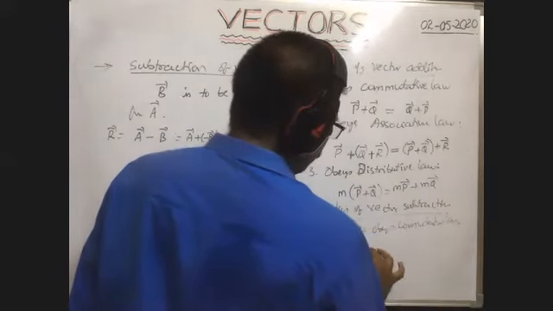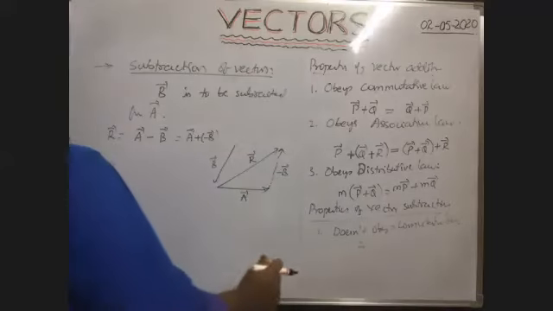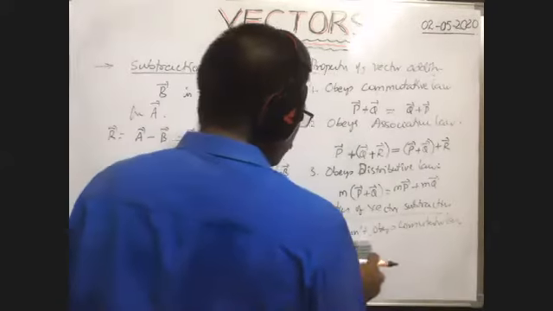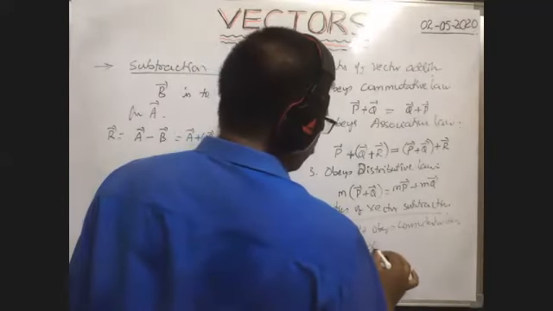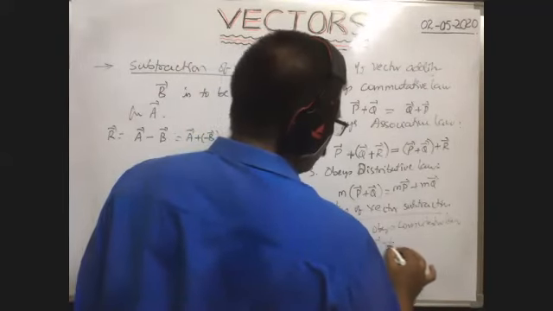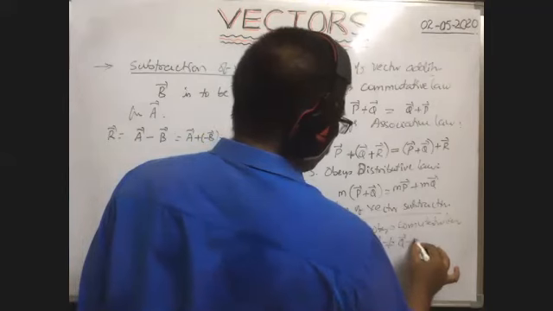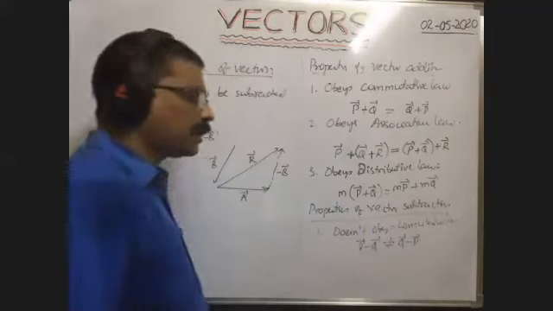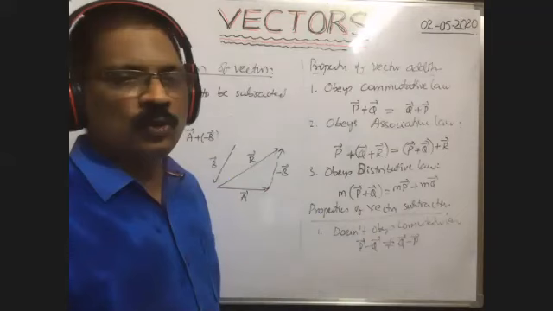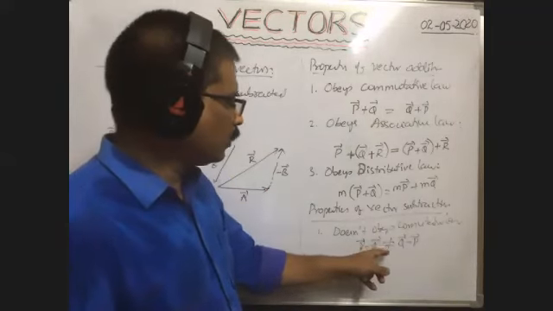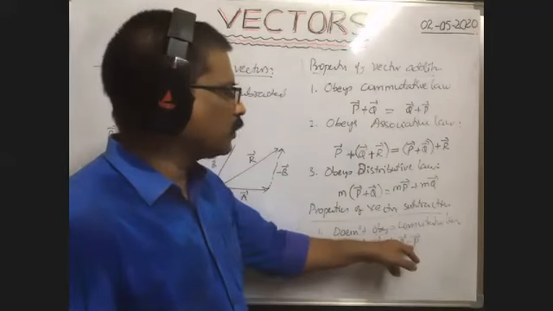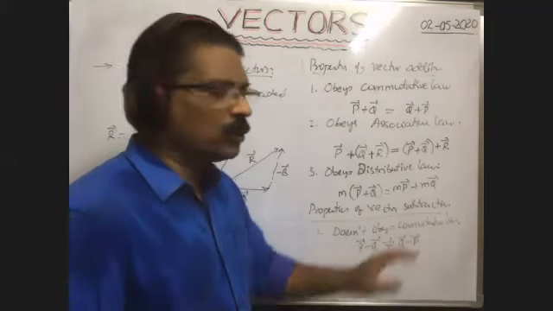That means here P bar minus Q bar is not equal to Q bar minus P bar, because P bar minus Q bar is equal to minus of Q bar minus P bar we can write, but it is not equal to Q bar minus P bar.